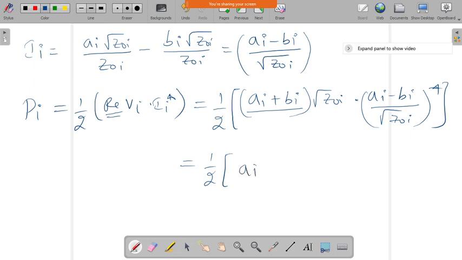So we get Ai square plus Bi square minus Ai into Bi complex conjugate minus Bi into Ai complex conjugate.